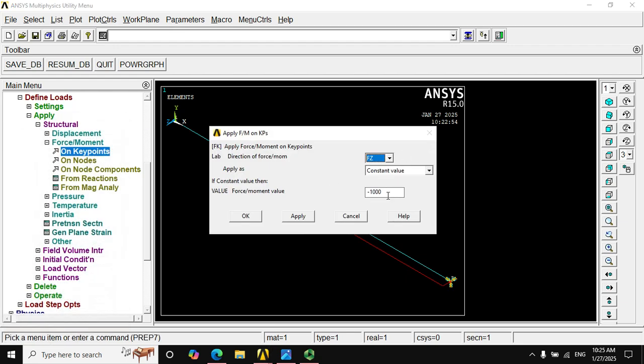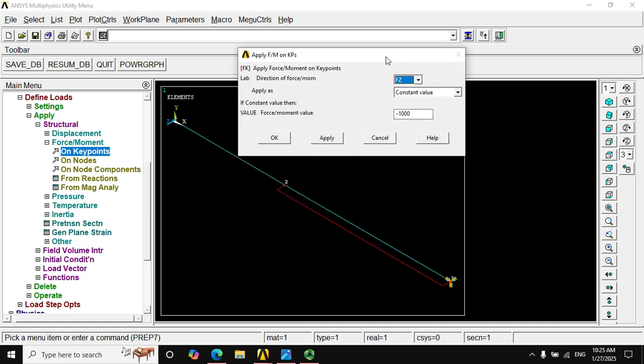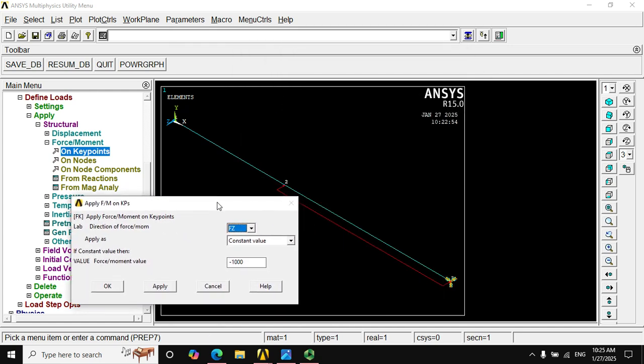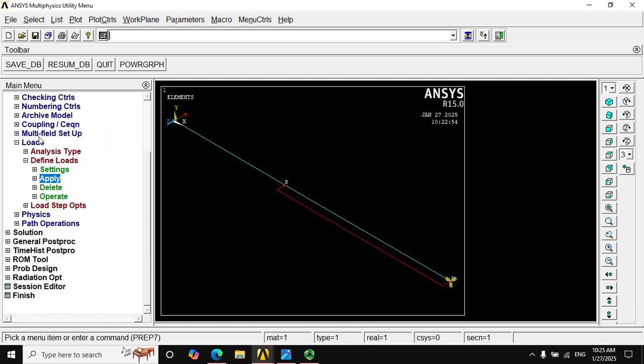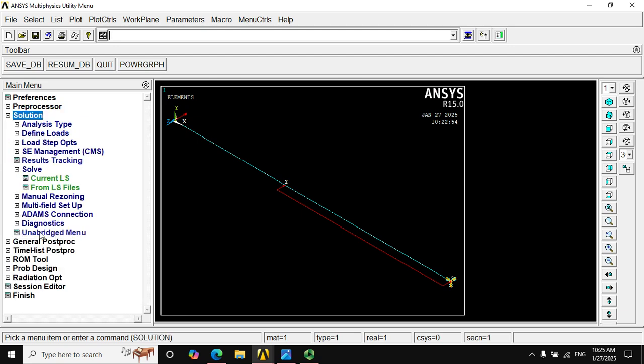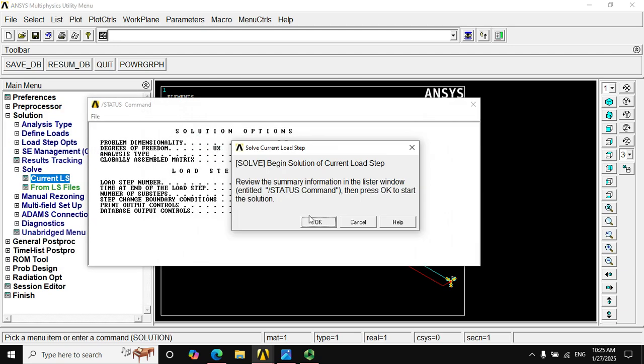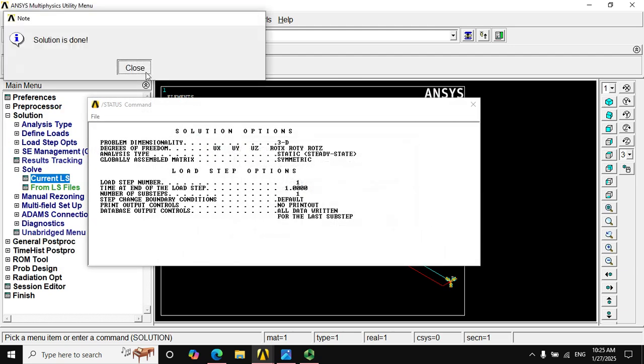But plugging the number, you have to put FZ negative. So you have to put negative 1000 here to be in the same direction as the pressure or distributed load. Alright, so we are ready to run the model. Let's go here. Solution done.